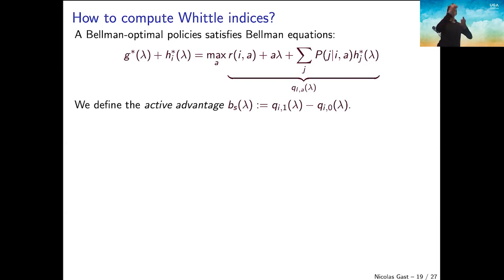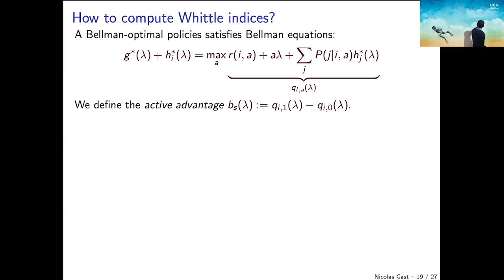Okay, so here lambda is just my penalty again. If you have a regular MDP, there is no lambda. Now G star is the optimal gain of the best policy, and H_i would be the bias essentially of starting in state i. Bias is high if it's a good state, bias is low if it's a bad state.